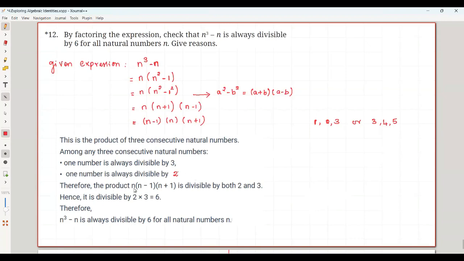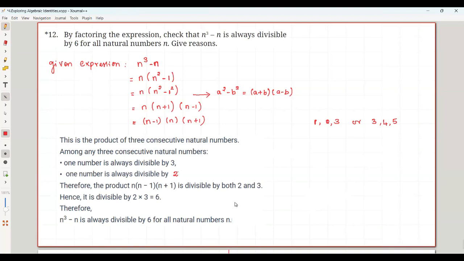Therefore, the product n into n minus 1, n plus 1 is divisible by both 2 and 3. So it is divisible by 2 into 3, that is 6. Therefore n cube minus n is always divisible by 6 for all natural numbers n. Hope you can understand this.